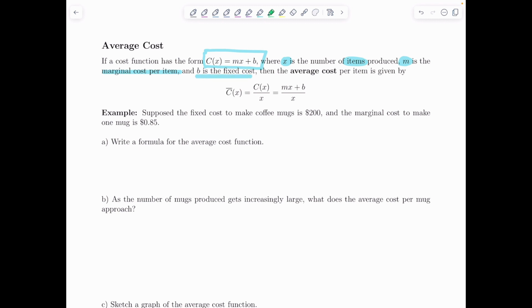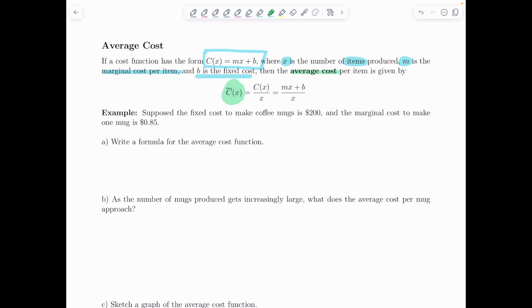Now we're looking at a new function, average cost per item, and it's given by the following. So average cost we represent by C bar of X. If you've taken a little bit of statistics, then you know when we write the sample mean, the notation is X bar. So hopefully saying bar reminds you of average.